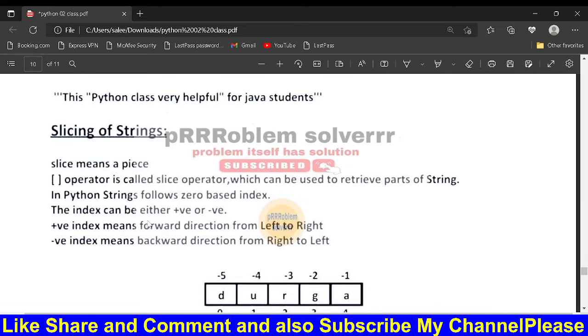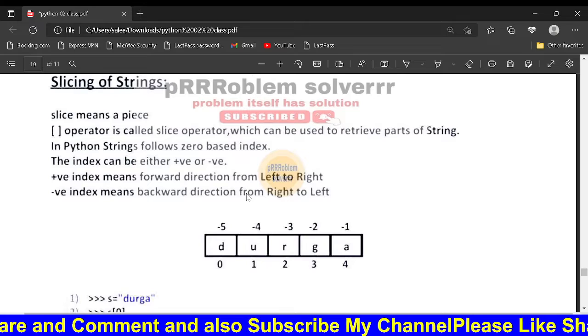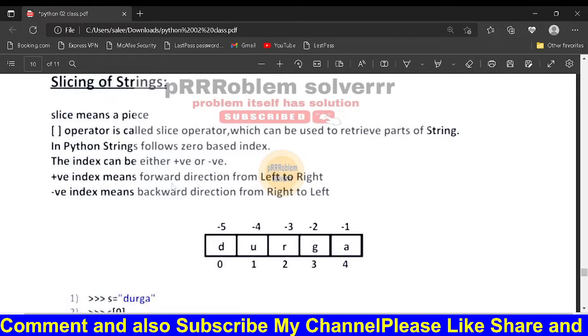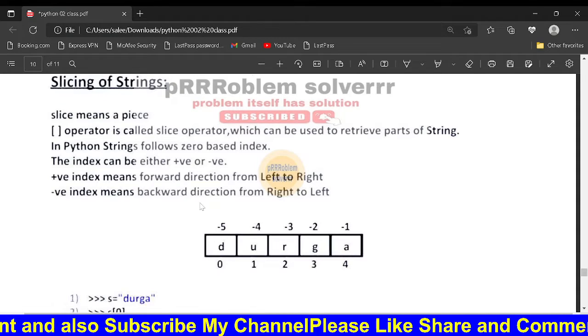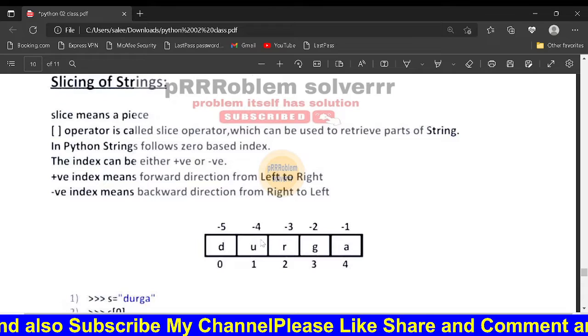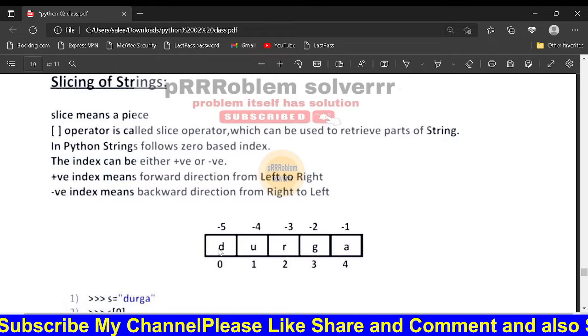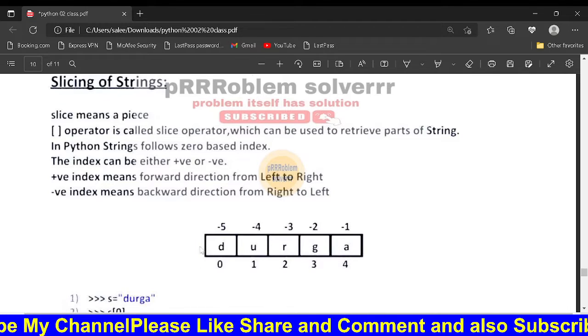In Python, strings follow zero-based indexing. In slicing, indexing is very important. There can be a positive index or a negative index. A positive index means the forward direction from left to right, and a negative index means the backward direction from right to left. See this, here the name is there, a group of characters, D U R G A, called a string.